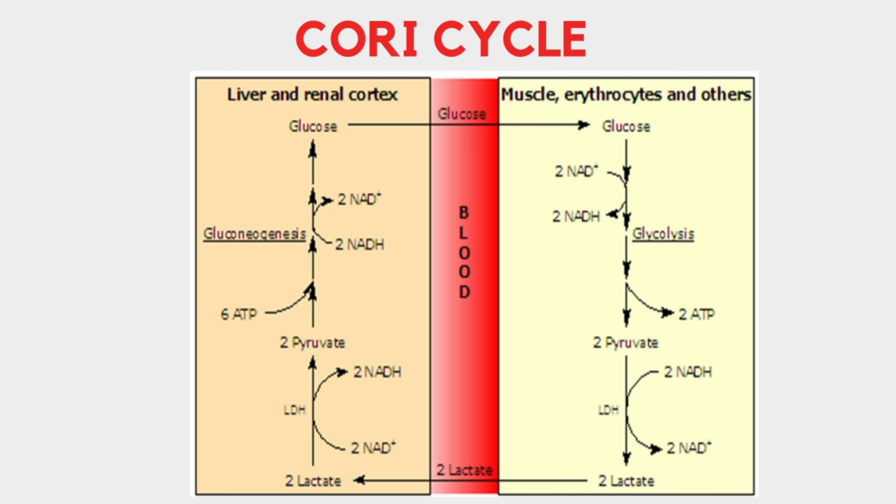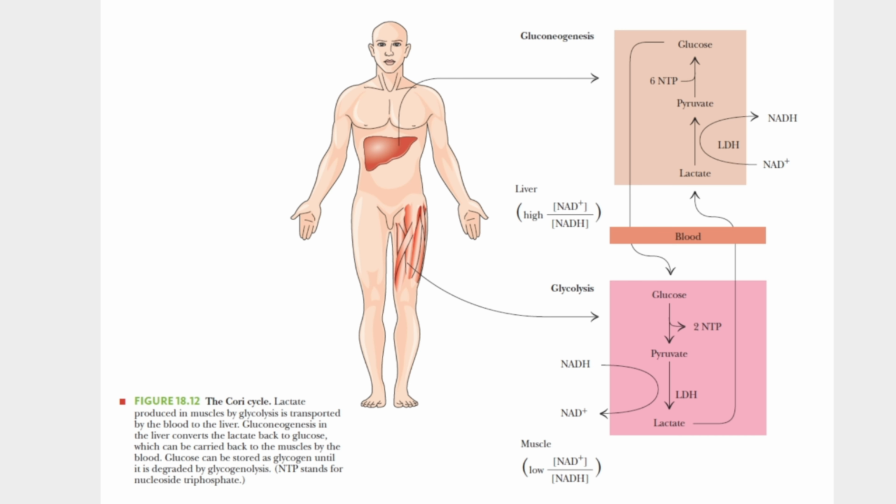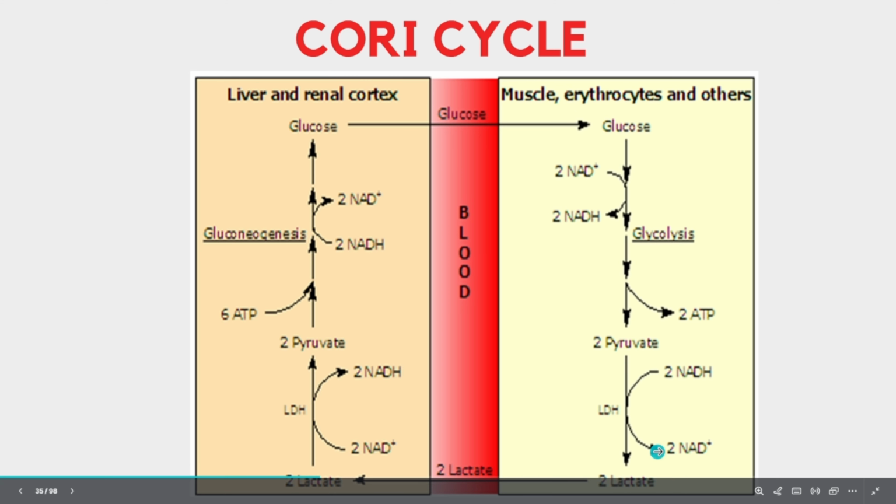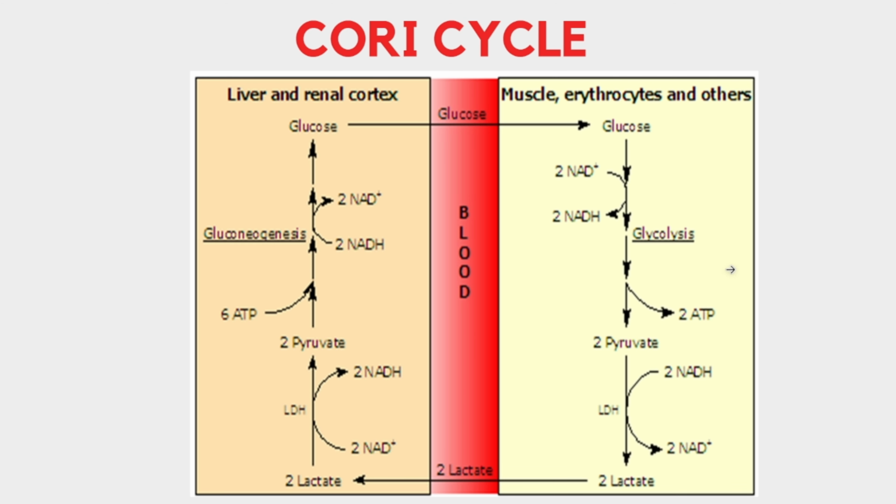First of all, when you are doing vigorous exercise, your muscle will undergo anaerobic respiration and form lactic acid. The lactic acid will accumulate in your muscle, and it is required to be removed from our body.